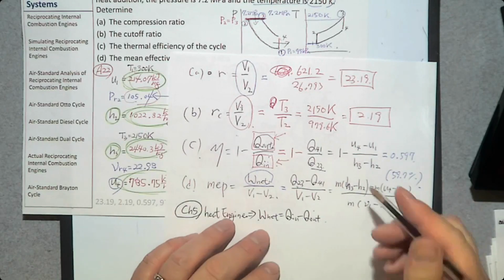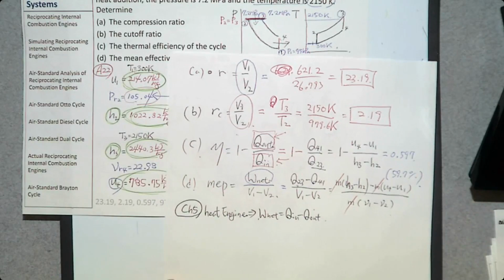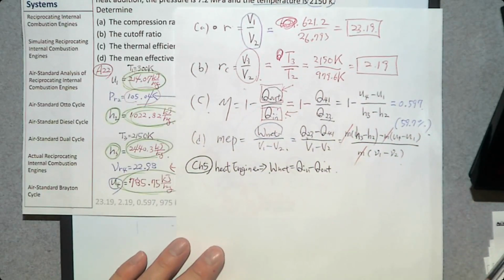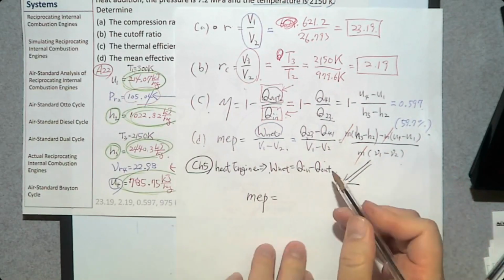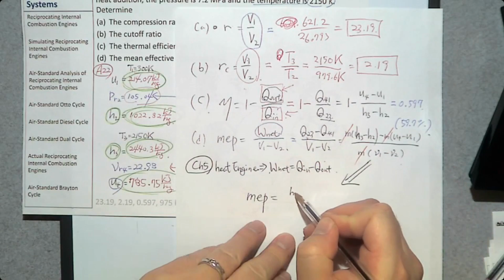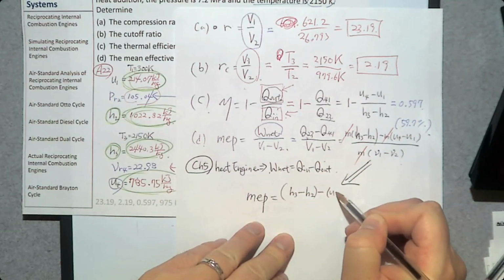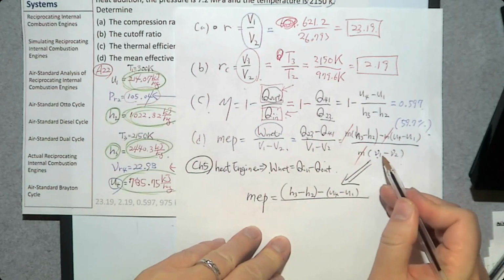Then we can cancel mass out. Then the mean effective pressure can be determined by H3 minus H2 minus U4 minus U1, divided by V1 minus V2.